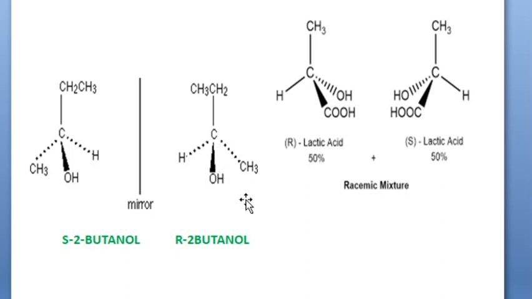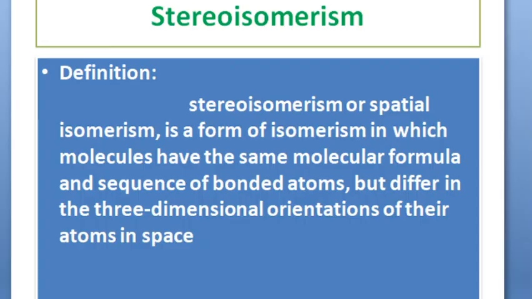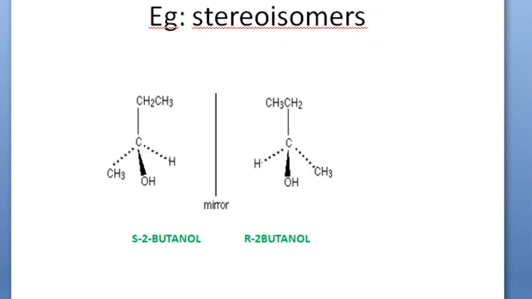So the spatial arrangement of atoms has simply differed, and then they become stereoisomers. These stereoisomers are classified into enantiomers and diastereomers. What are these enantiomers and diastereomers?